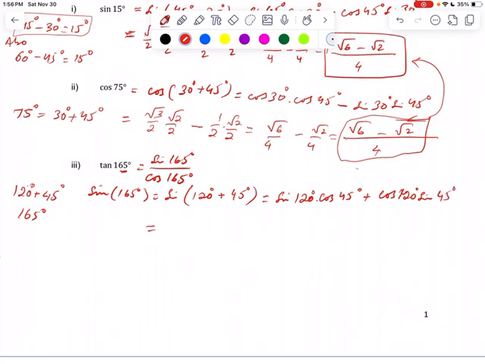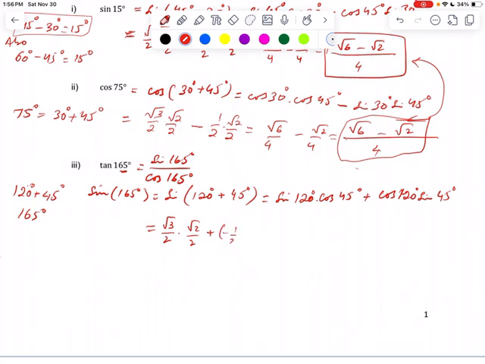which is equal to, so sine of 120, remember 120 is in the second quadrant and sine is positive, so it will be the same as what we have for sine of 60, which is square root of 3 over 2. Now cosine of 45 is square root of 2 over 2 plus cosine of 120. Cosine in the second quadrant has a negative value, but the value will be the same as the cosine of 60 degrees, which is 1/2.